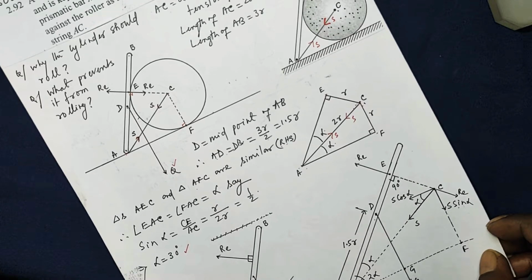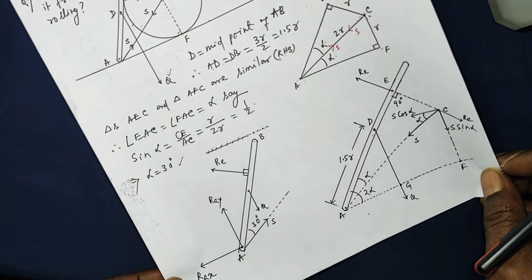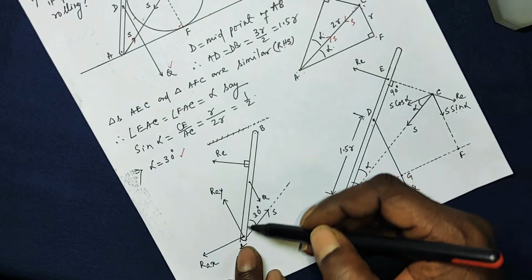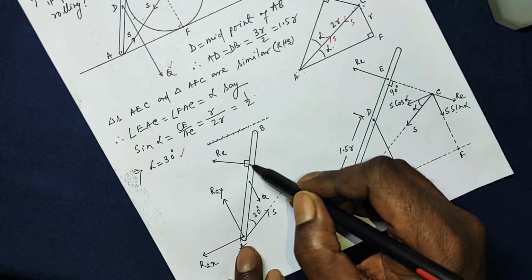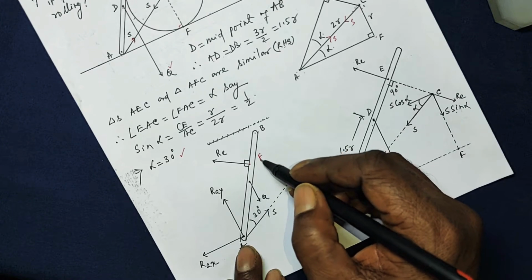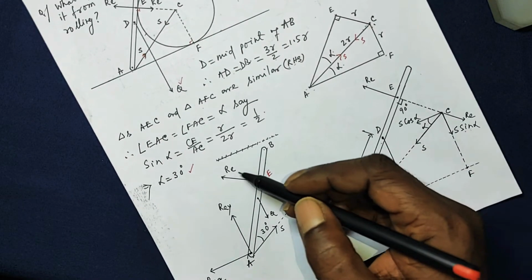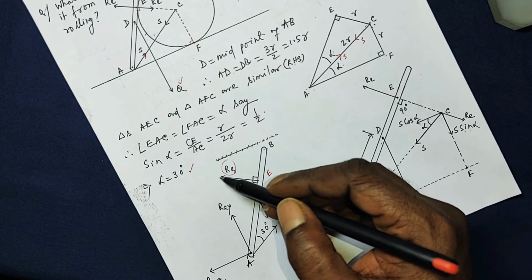There is again a diagram redrawn for you for better understanding. Look at here. This is the prismatic bar. This point is E, where this RE is the reaction.